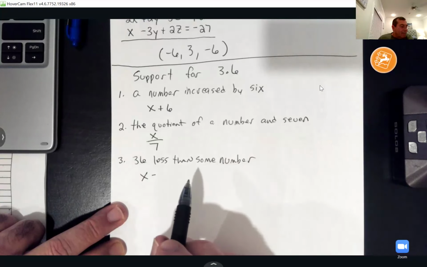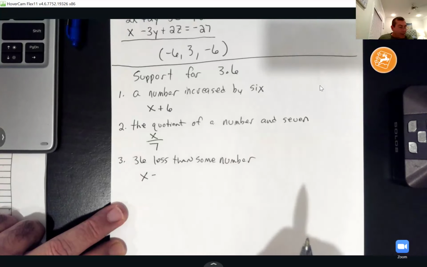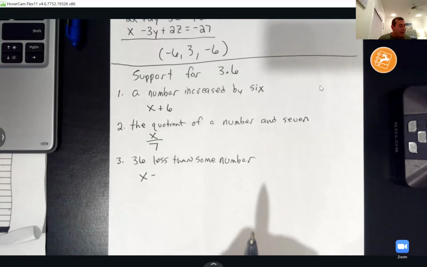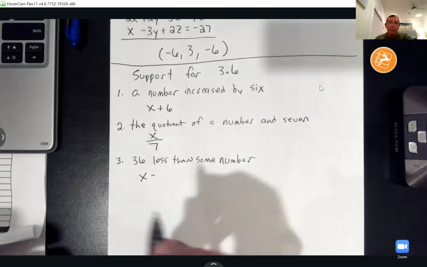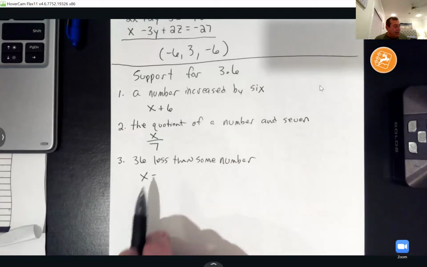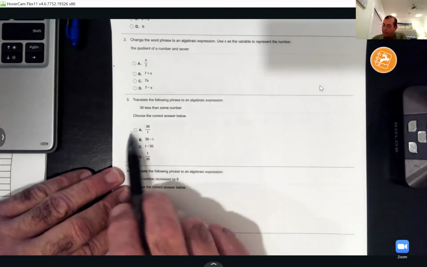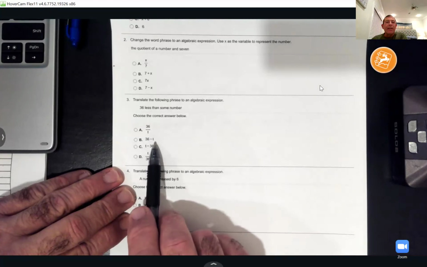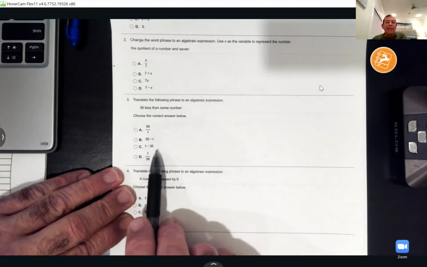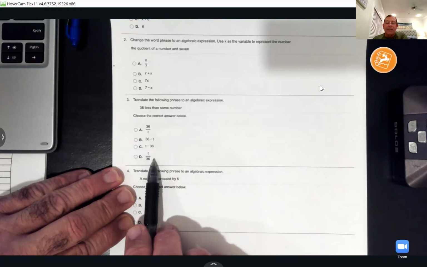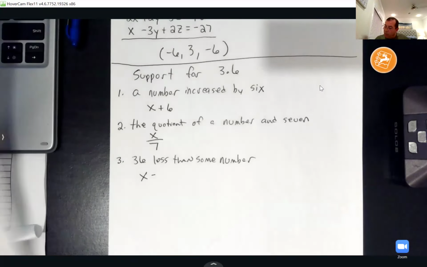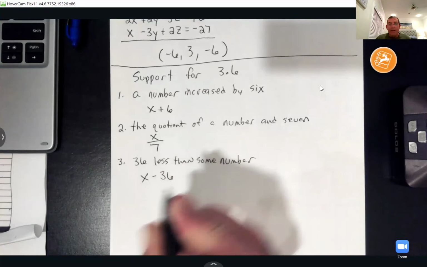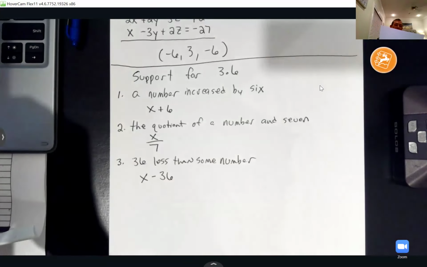And then, oh, this one, I guess they said use a T on this one, but I'm still using my X's. This one had a multiple choice answer. I'll show you. 36 over T, 36 minus T, T minus 36, and T divided by 36. So ours would be the T minus 36 versus my X, okay?